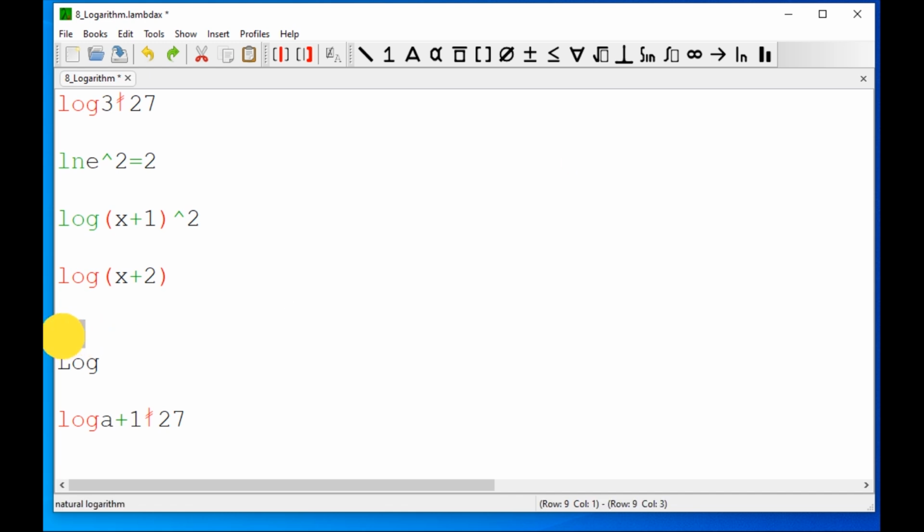Then there is the natural logarithm, ln, as you can see here. You just need to write ln and the sign appears in green.